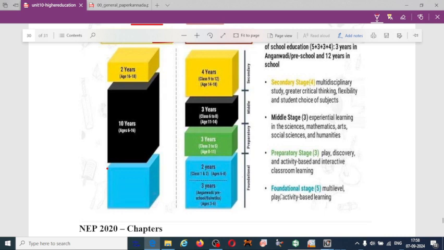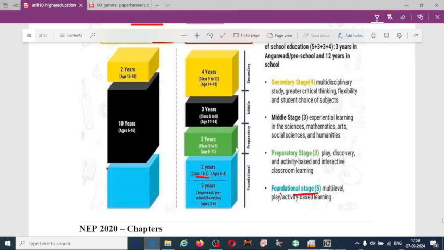3 years, that is the fundamental stage, 3 years plus 2 years. That is called the fundamental stage. The 3 years include the nursery stage, and class 1 to 2 is 2 years. So both have been included here: 3 plus 2 fundamental stage.